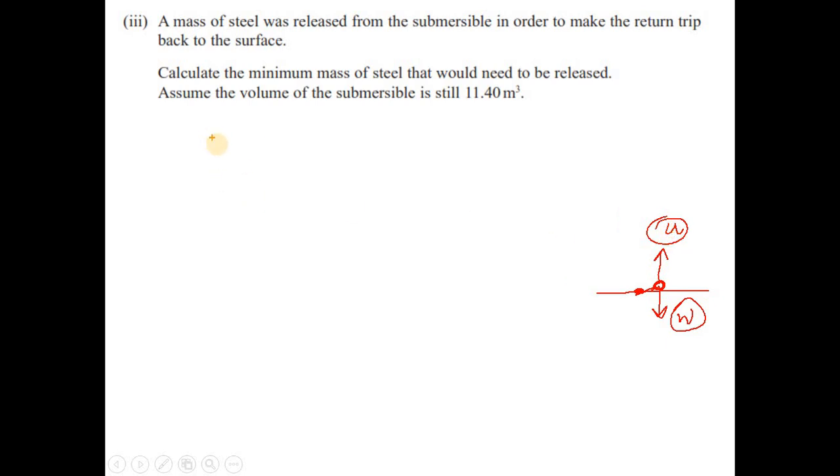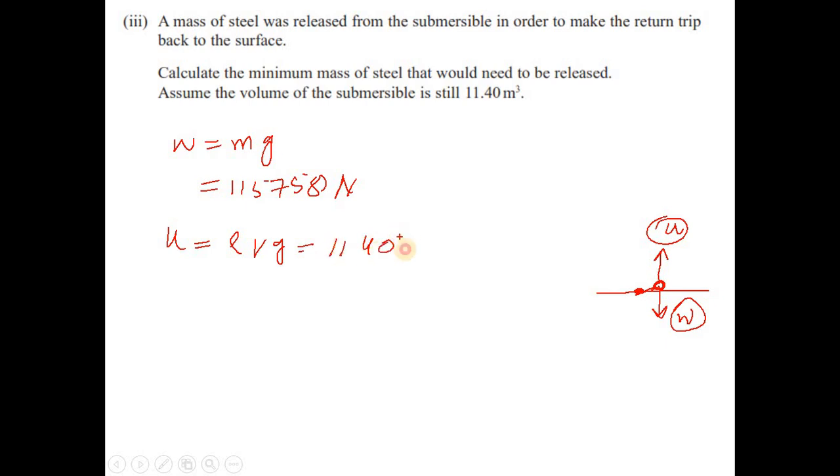So W is equal to mg, and this is 115758 newtons, and upthrust is rho Vg, that we have already done before, but I'm showing here again, and this is 114070.68 newtons. The additional weight which should be released is the difference between these two.